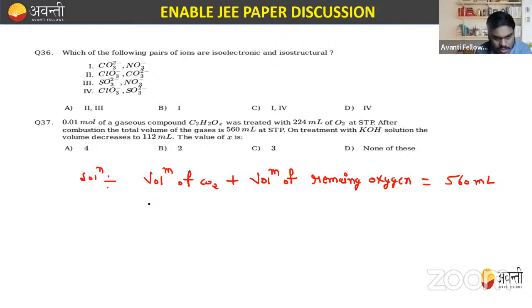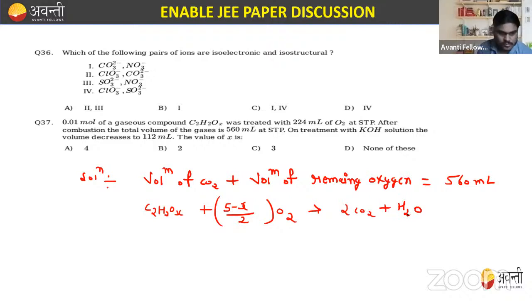Now, according to the reaction, C2H2OX reacts with (5 minus X)/2 moles of O2 to give 2 moles of CO2 plus H2.